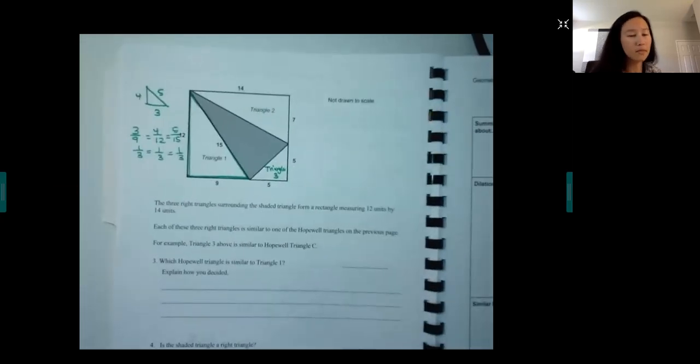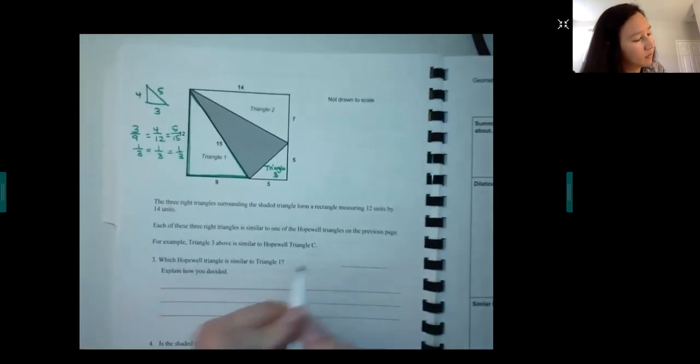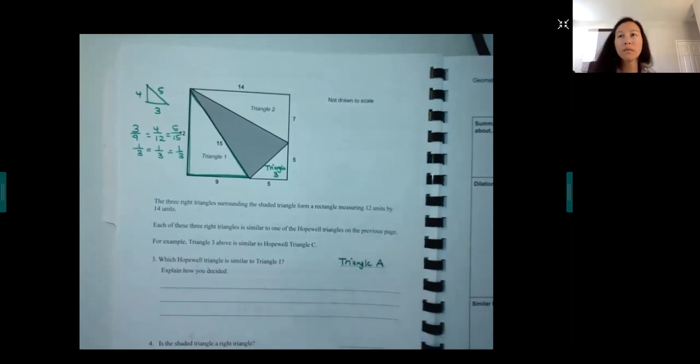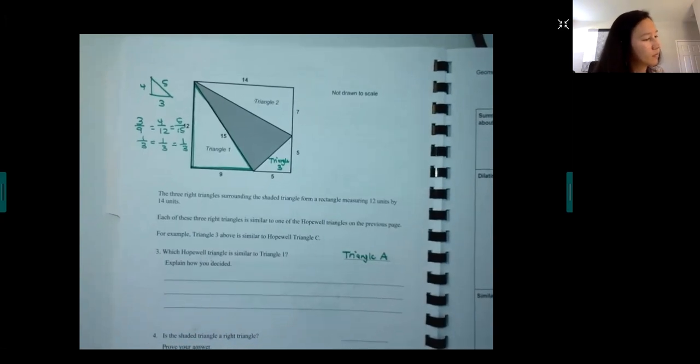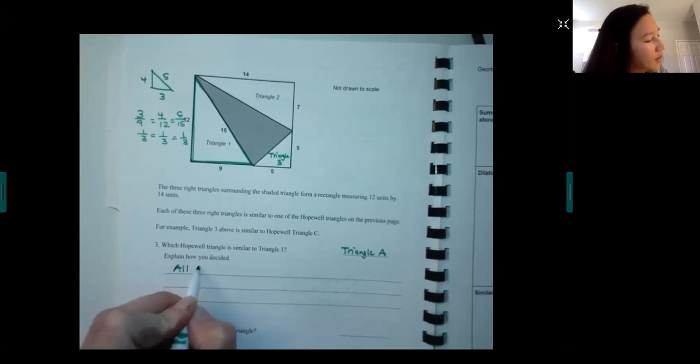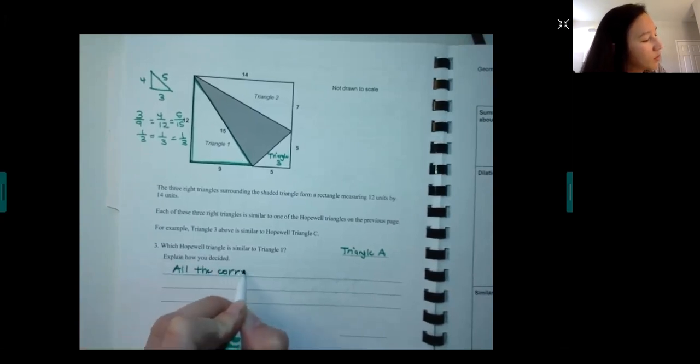Because 3 over 9 is 1/3, 4 over 12 is 1/3, and 5 over 15 is 1/3. So how we decided is all the corresponding sides are proportional.